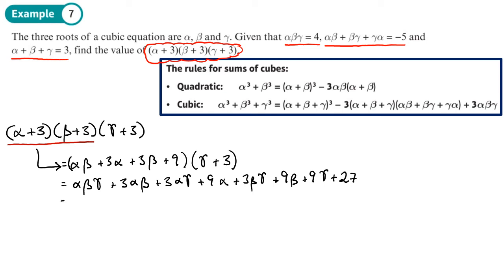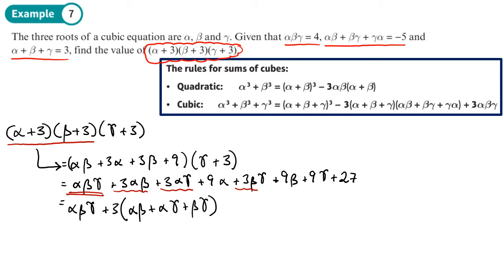Now what we want to do here is to put some bits together. I can already see in the question that alpha beta gamma is 4. Now let's put all of these together, all the terms that have got 2 bits to them. So we've got alpha beta gamma plus 3 lots of alpha beta, alpha gamma, beta gamma.